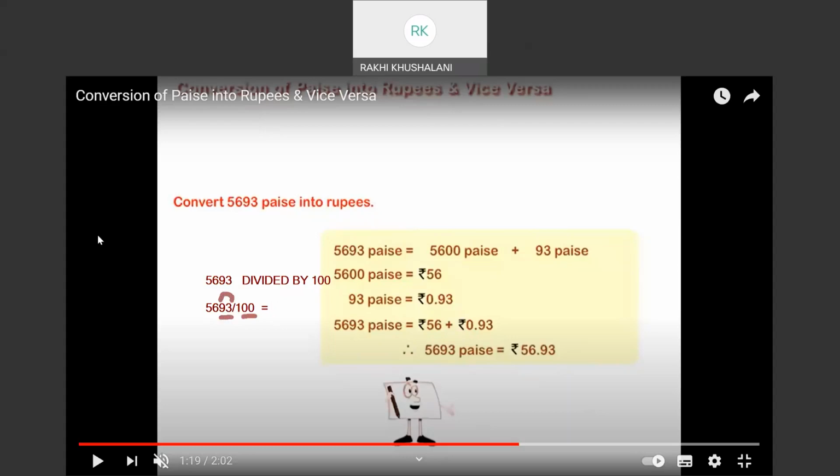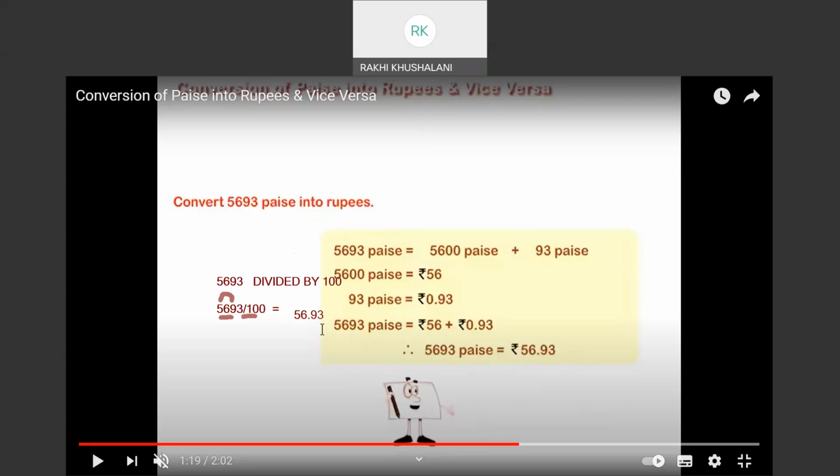That is what the rule is taught to us. So this will give me 56.93 rupees. You can do it directly also.